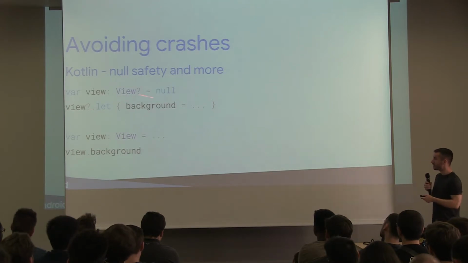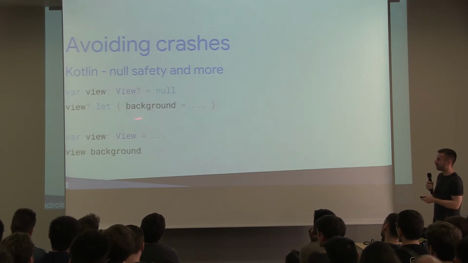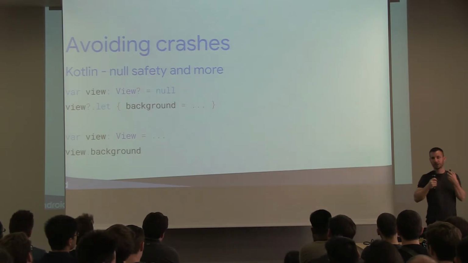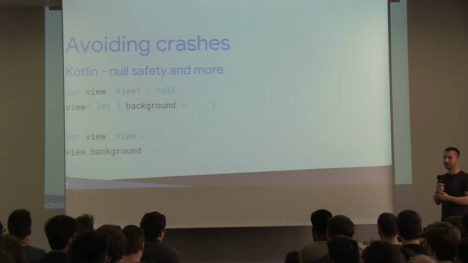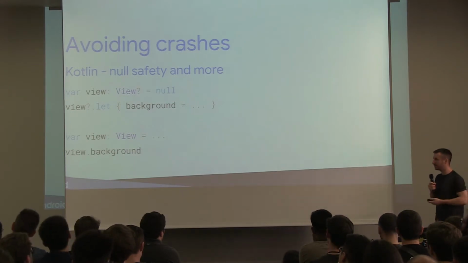Once you have that, if a variable can actually be null, then it guards you against calling stuff. So I can't just read the background of this view because I don't know if it's null. There are many ways in Kotlin where it'll actually make you check and make sure that the operation is valid, and it will not compile if it's not.